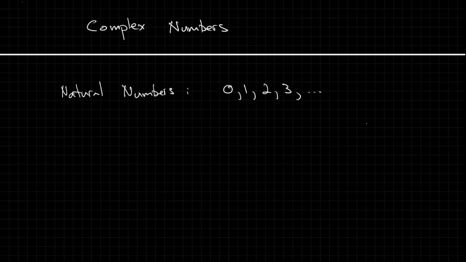Now, if you work with the natural numbers long enough, it doesn't take too long, you'll realize that if you want to find a natural number, x, such that x plus 1 equals 0, then you're out of luck. And so we invent a new number system, the integers.